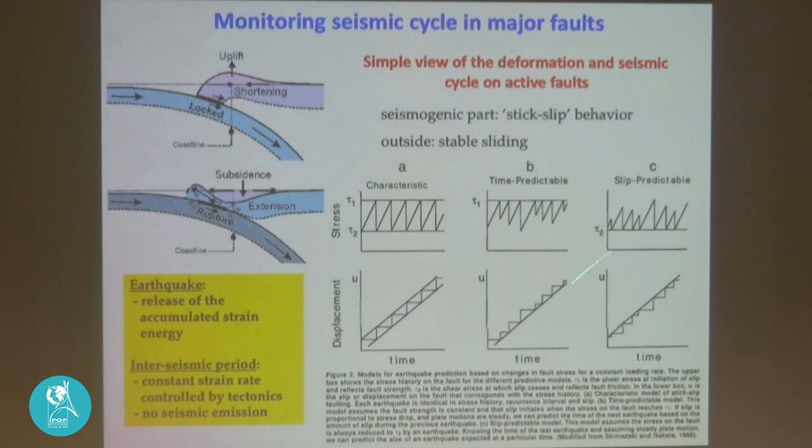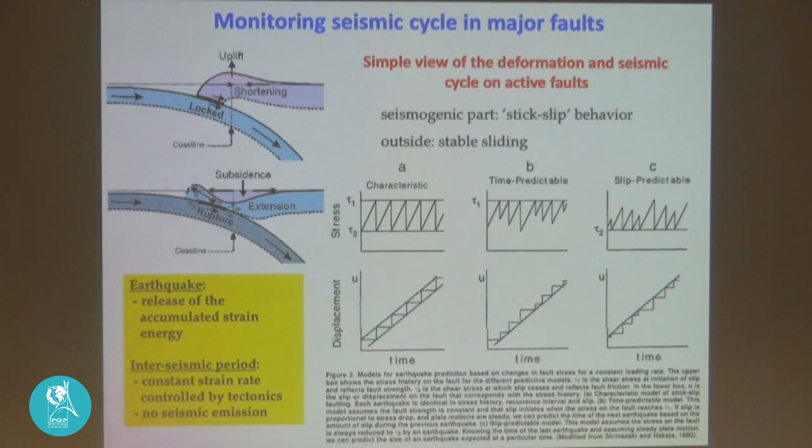Okay, and the basic idea of the seismic cycle is similar to what I've described before. So here it is illustrated for a subduction zone. So we have some locked zone that is charged with tectonic deformation, and at some point it ruptures, and then we have these possible scenarios for the seismic cycles. So strain accumulation that is interrupted by earthquakes.